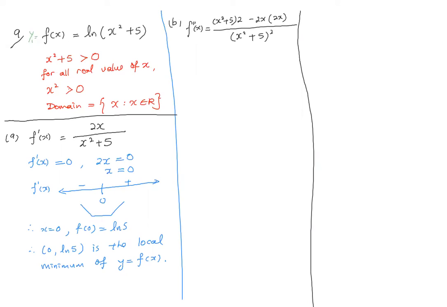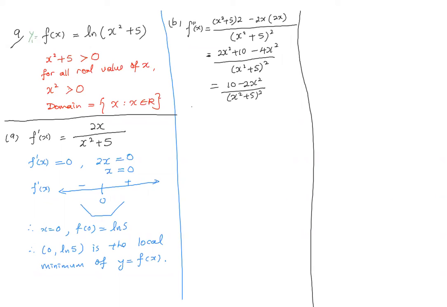Okay, am I going too fast? Okay, so I expand the top, 2x squared plus 10 minus 4x squared divided by x squared plus 5, the whole thing squared. So I have 10 minus 2x squared divided by x squared plus 5 squared.